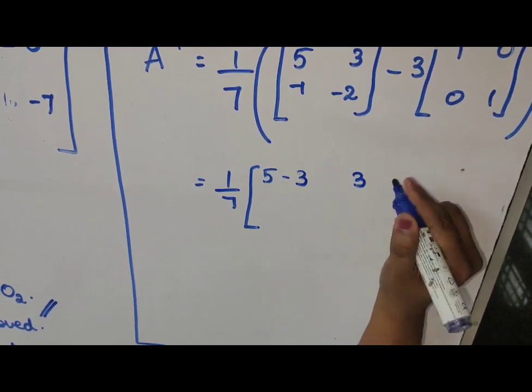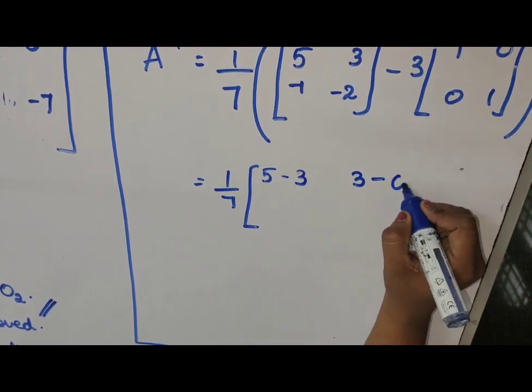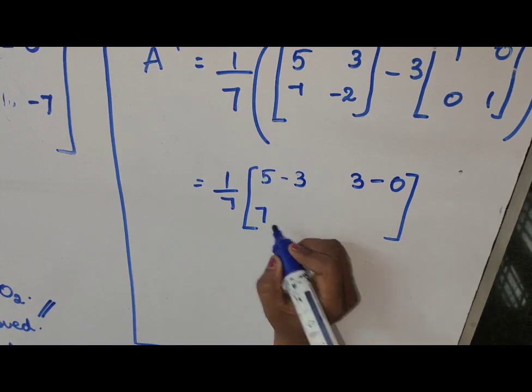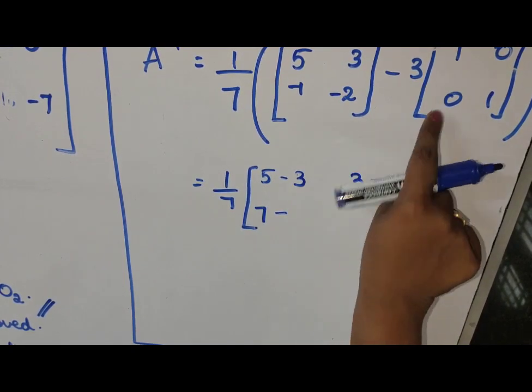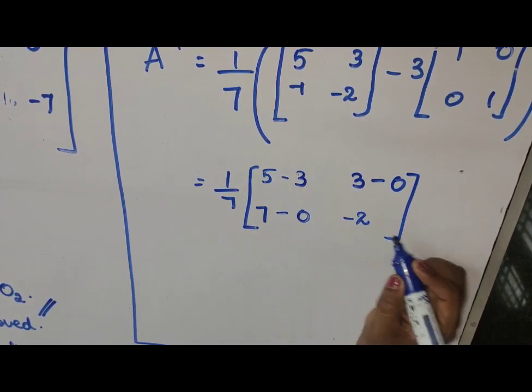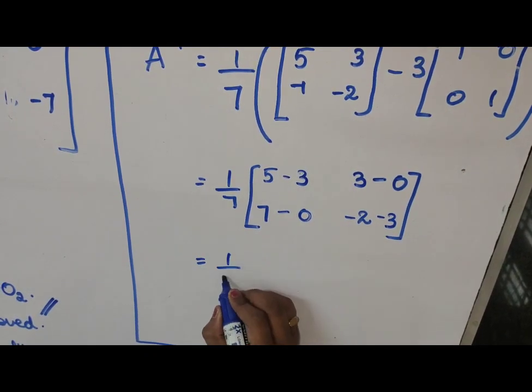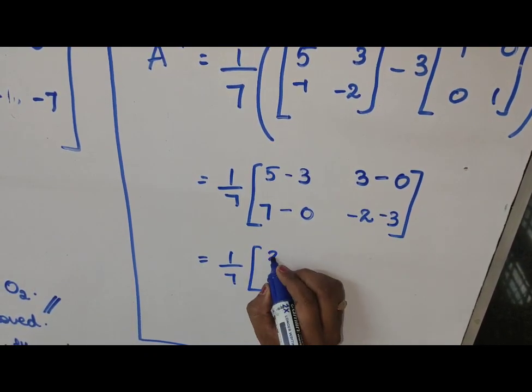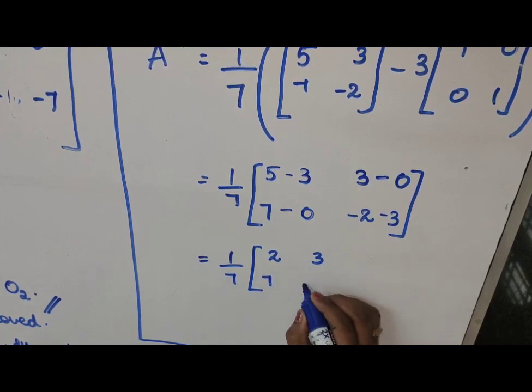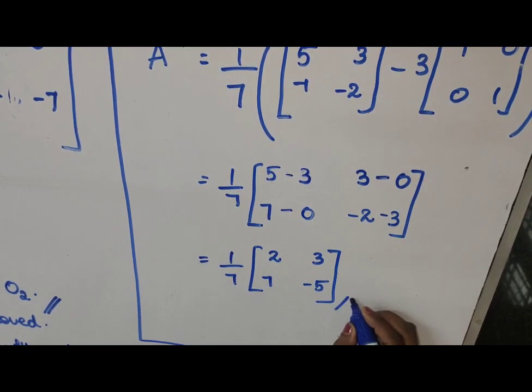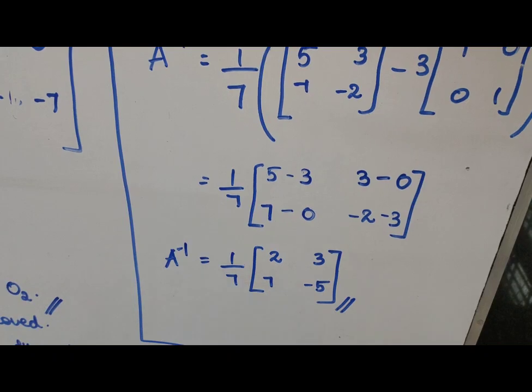Next term is 3, minus 3 into 0 is 0. Next minus 3 into 0 is 0. Minus 2, minus 3 into 1 is minus 3. So 1 by 7, 5 minus 3 is 2, 3, 7, minus 5. This is the value of A inverse for this problem.